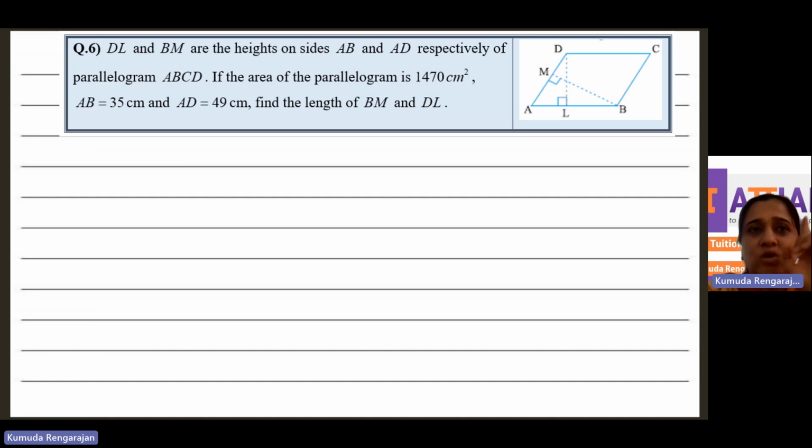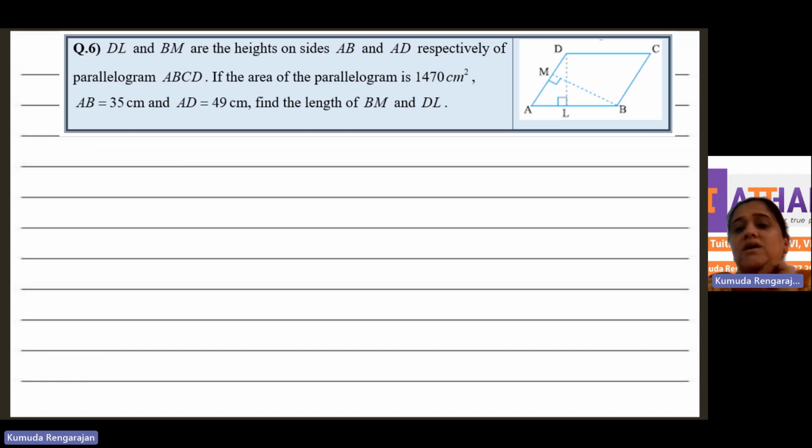BM lands on the side AD. Why do we say that BM is the altitude? Because it makes 90 degrees with AD. Now repeat the whole thing: BM is the altitude on the side AD. Very good.